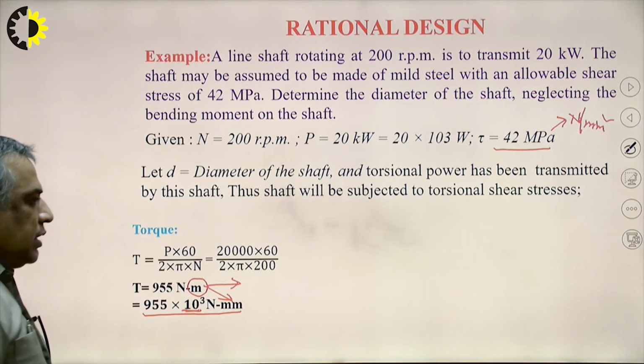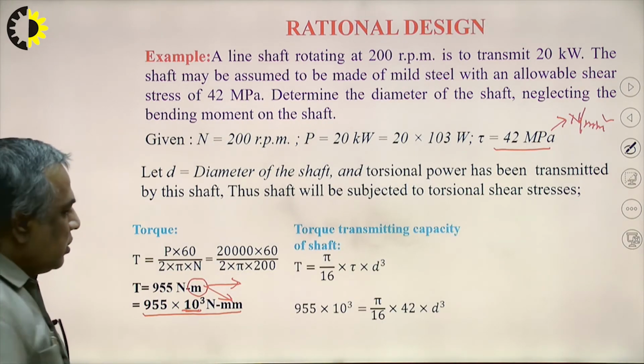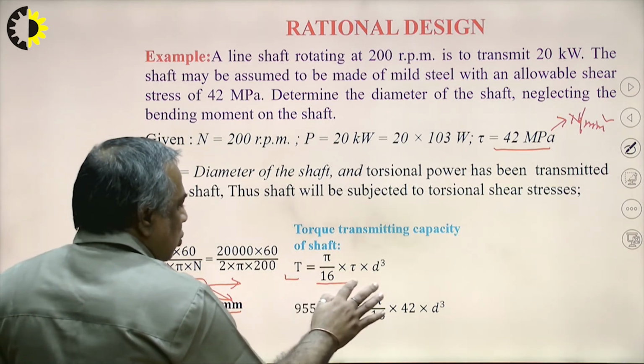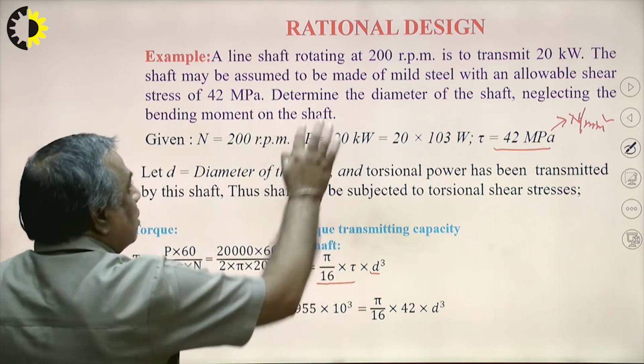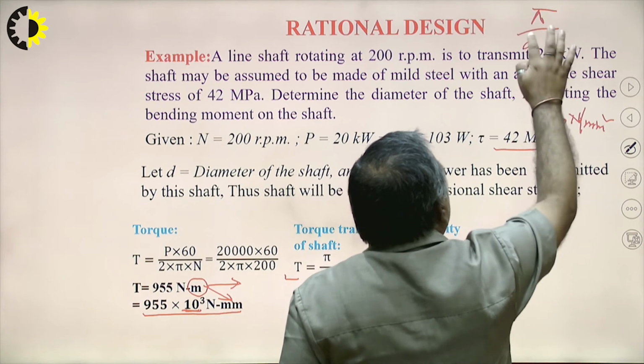In the next step, you will calculate the torque transmitting capacity. Torque is equal to pi by 16 tau into d cube. This is a solid shaft.